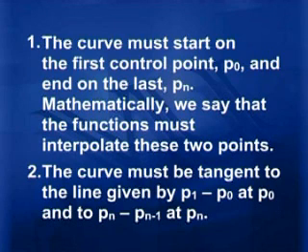Mathematically, we say that the functions must interpolate these 2 points. The second is, the curve must be tangent to the line given by P1 minus P0 at P0 and to Pn minus 1 at Pn. So the idea is that the curve must interpolate the starting and the ending point.